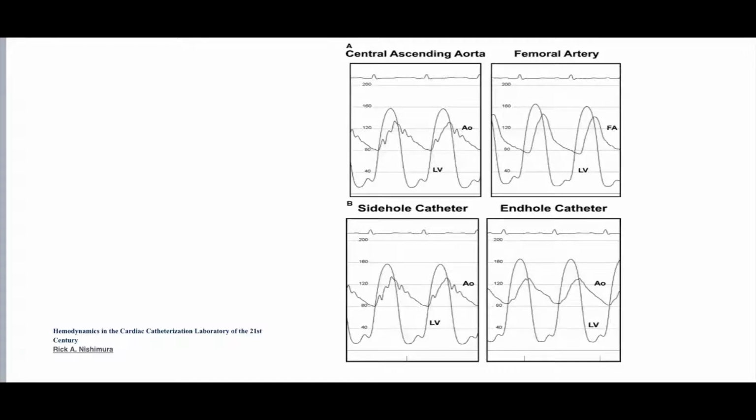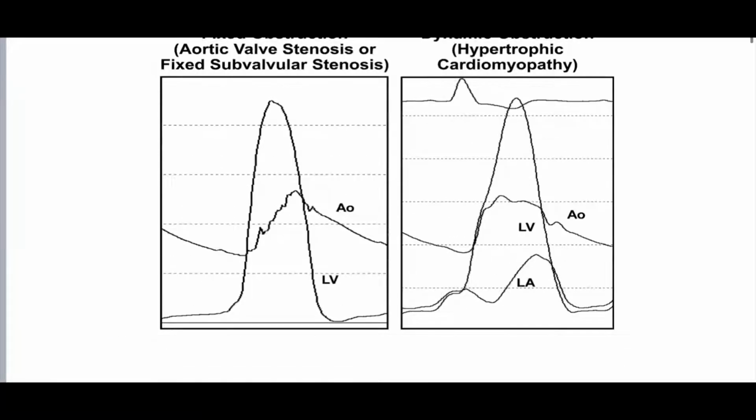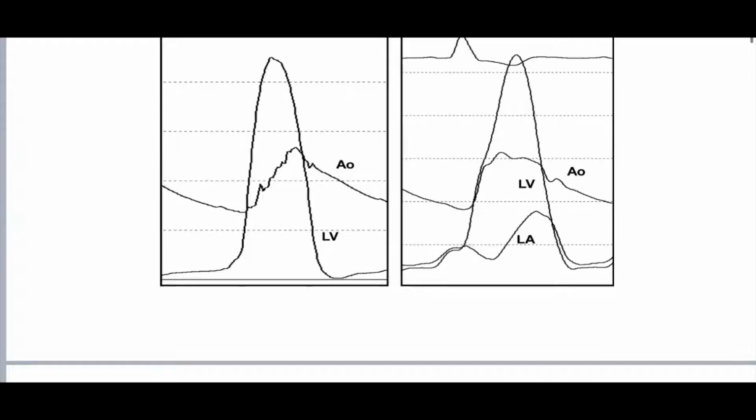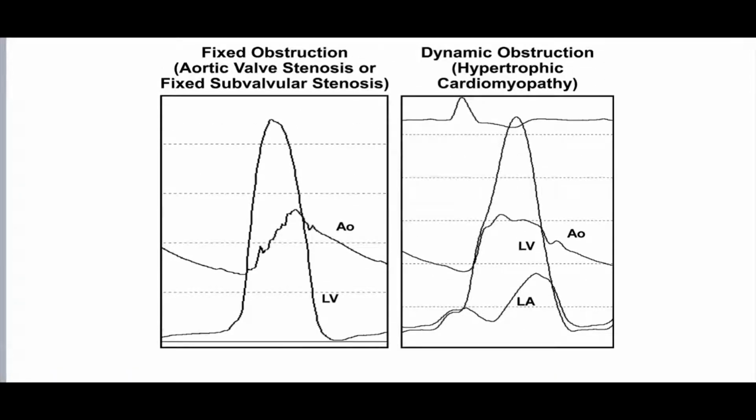Now, what is this? Show me what's the difference between these two tracings. What's the difference between the fixed obstruction and dynamic obstruction?